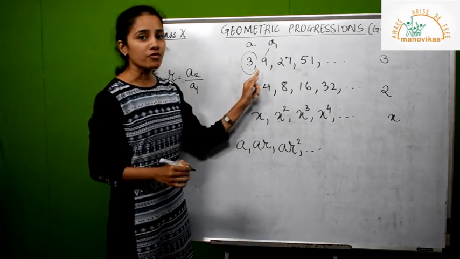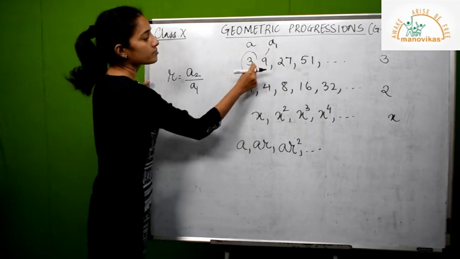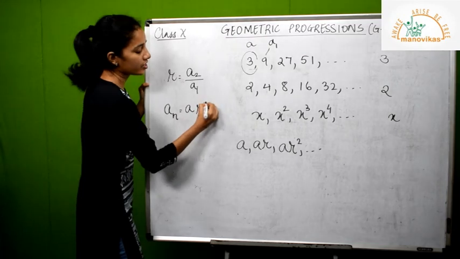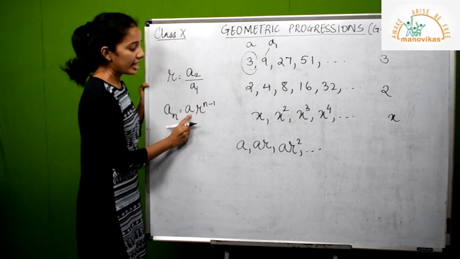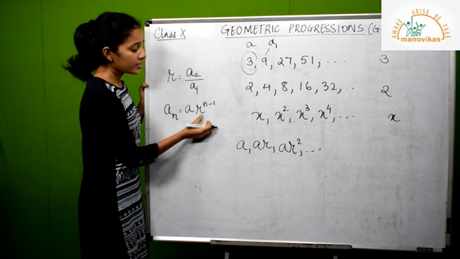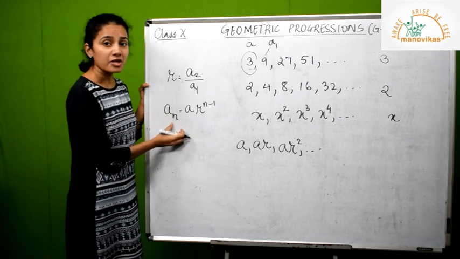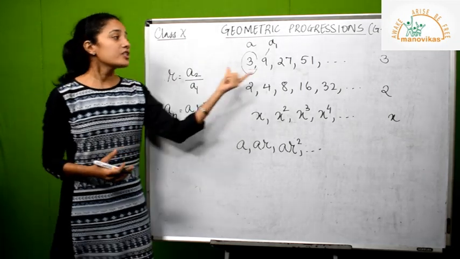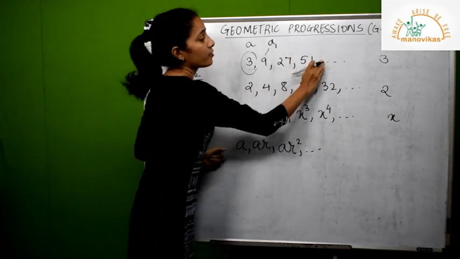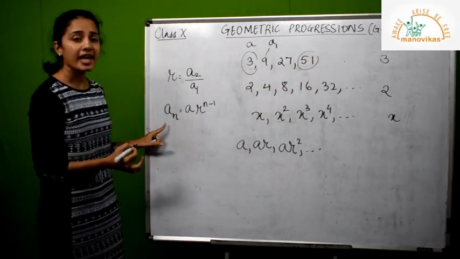Since in a geometric progression each term is multiplied by the common ratio to get the next, the nth term is given by ar raised to n minus 1, where a is the first term, r is the common ratio, n is the number of the term, and an is the nth term or the general term. In a geometric progression as well, if it is a finite sequence with the last term given, then the last term is taken as the nth term.